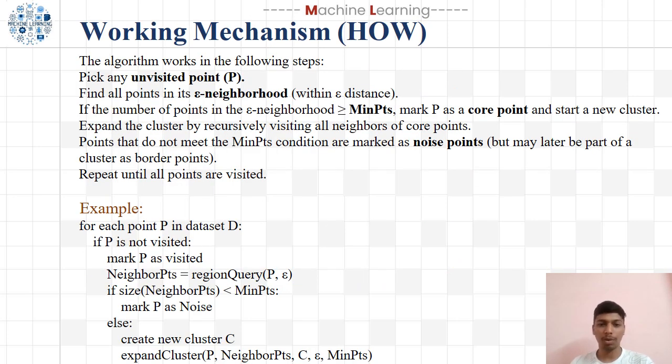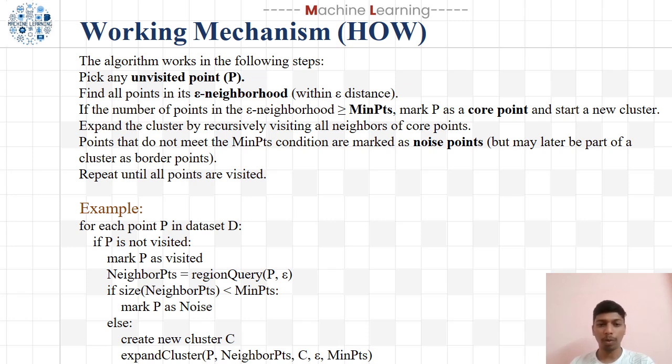Working mechanism of DBSCAN. The algorithm works in the following steps: pick any unvisited point P, find all points in its neighborhood within distance epsilon.